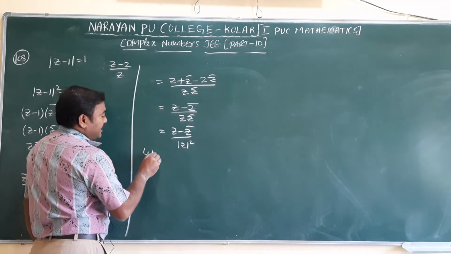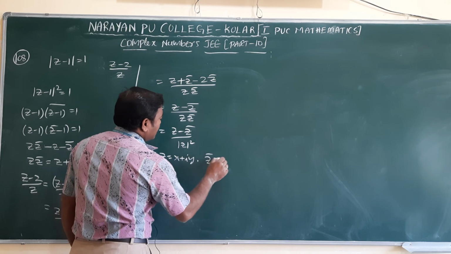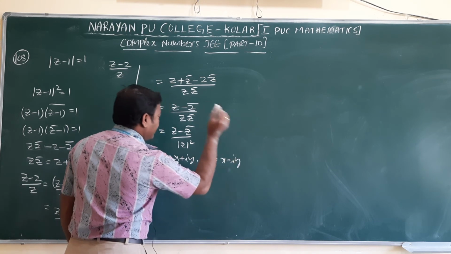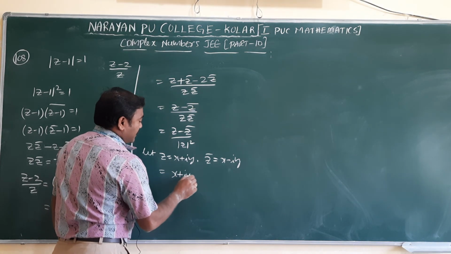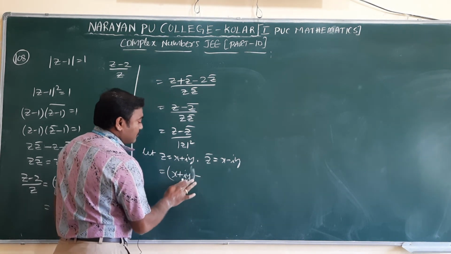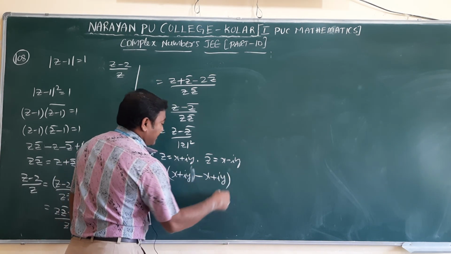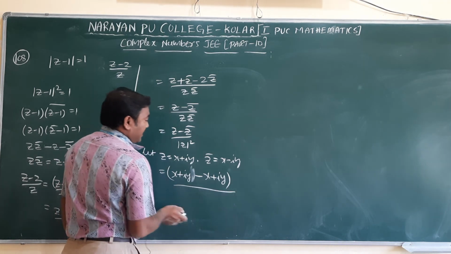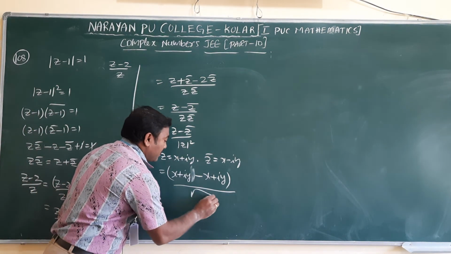Let z be equal to x plus iy and z bar equal to x minus iy. Substituting here, x plus iy minus x plus iy, divided by modulus of z square, which is x square plus y square.